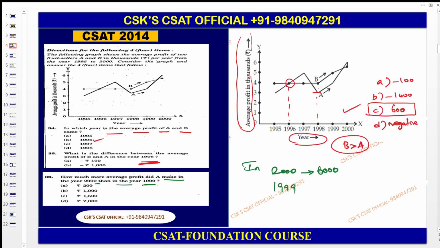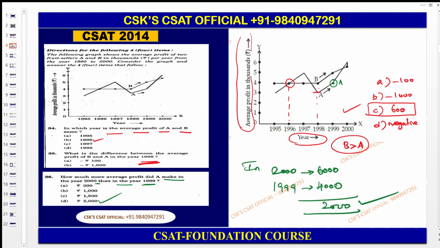In 1999, A makes 4000. This point is with respect to A. So you need to find the difference between these, since everything is related to the average. The difference here is 2000. So 2000 rupees, D option is the right one.